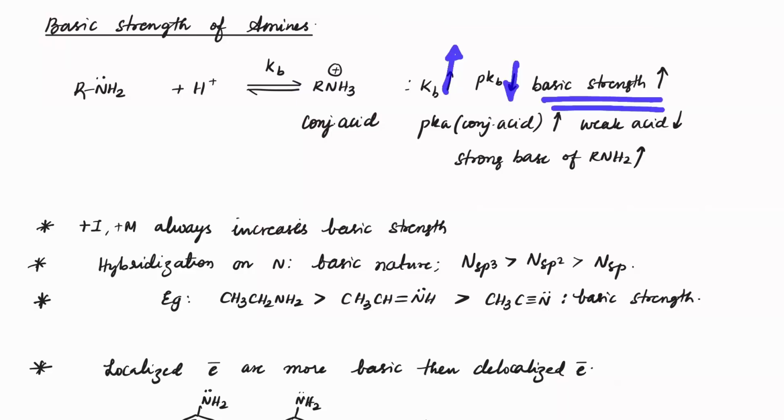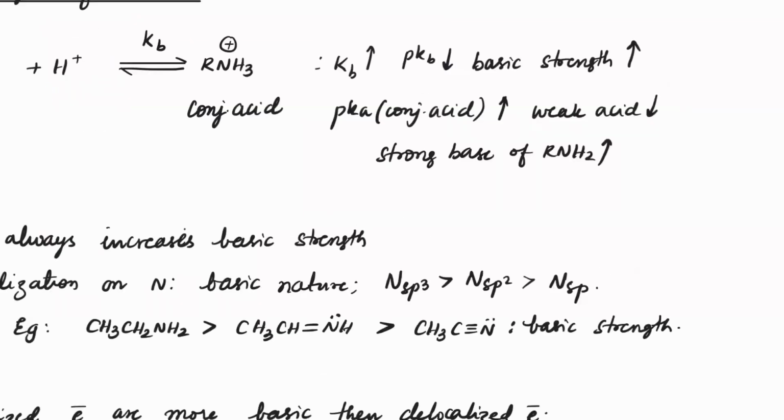The alternative way of looking at it is whether the conjugate acid is stable. If it is stable, the pKa value will be higher, or it is a weak acid. Stable means it is a weak acid, and in that case the base will be strong. That means RNH2 is also a strong base, with a more stable conjugate acid.